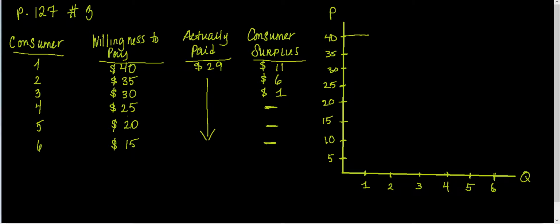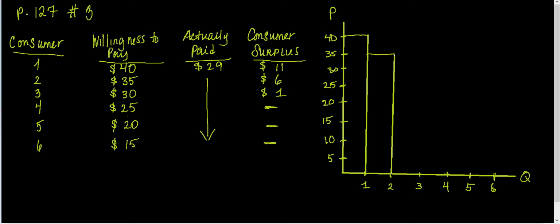Let's consider consumer 2 purchasing the second computer game. Consumer 2 purchasing the second computer game will pay a maximum of $35. So you can just think about this as a bar graph, with the right end signifying the total number of consumers, or the number of computer games that are sold.